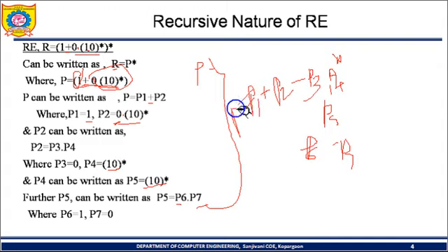And if we take the closure of p, then we will get r. So r is nothing but p star, and p is 1 plus 0 1 0 star, and if we take its closure, then we will get the given regular expression. So this is the concept related to recursive nature of the given regular expression.